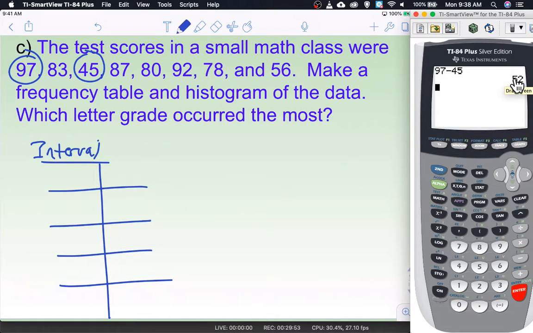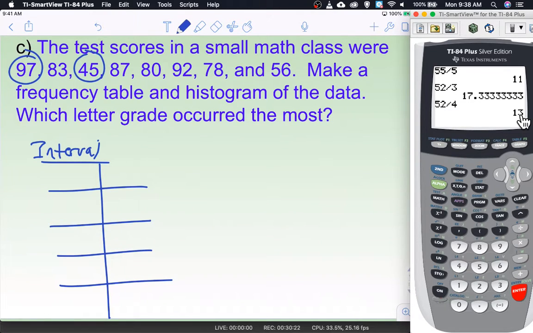Now, maybe if I round this up to 55, I could make 5 categories. I'm trying to think of other numbers here if they're divisible by 3, 4, or 5. Technically, 52 is divisible by 3, I think. No, it's divisible by 4. 52 divided by 4 works.